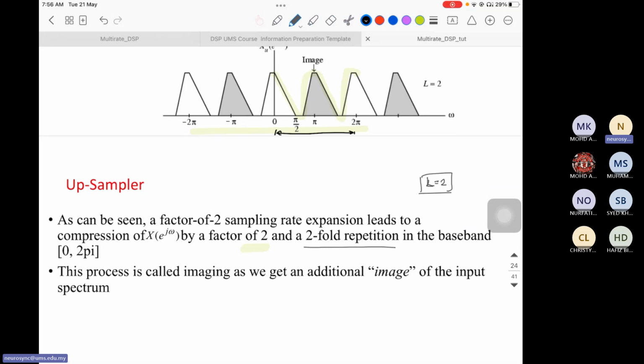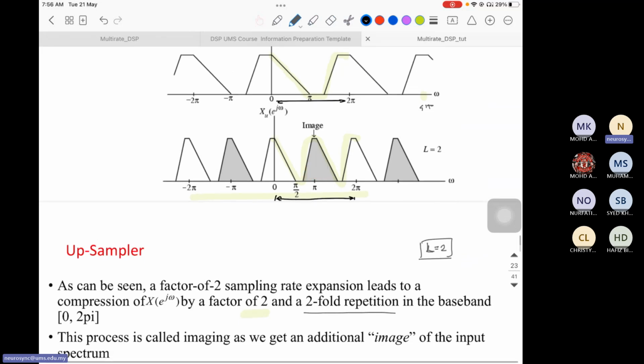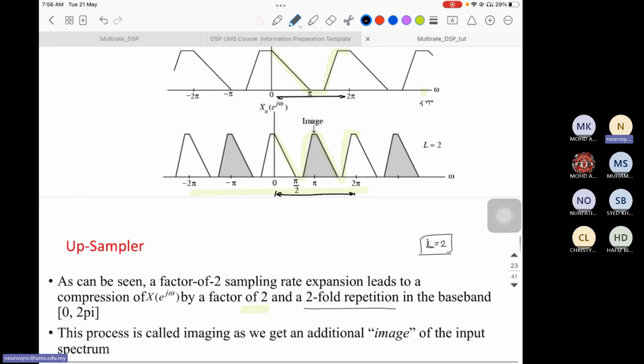This process is called imaging, as we get an additional image of the input spectrum. From 0 to 2 pi, I'm getting an additional image here, shown in dark. So this is called imaging.